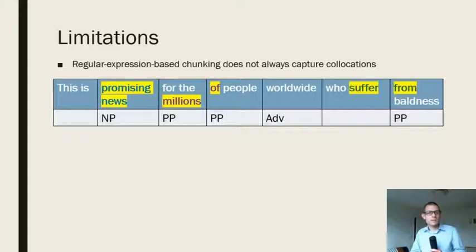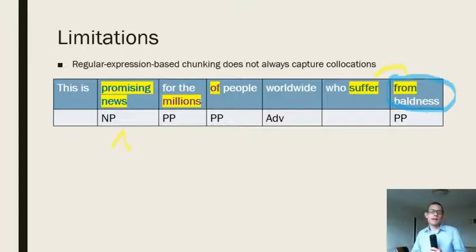Limitations. As I mentioned before, chunking sentences with regular expressions in NLP is helpful for capturing useful collocations in some cases, such as promising news. But in other cases, it does not capture collocations, such as suffer from. That's because it prioritized, in this case, the prepositional phrase from baldness.